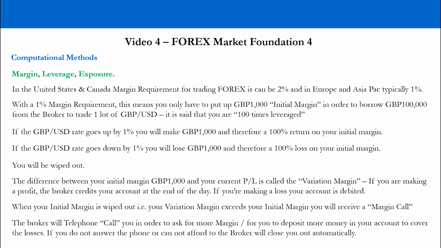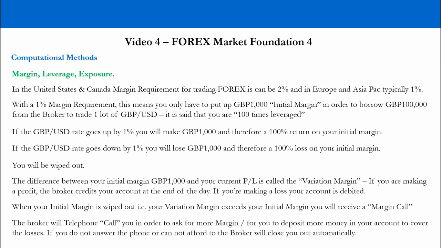When we look at margin, leverage and exposure across the globe, in the US and Canada, a margin requirement for trading Forex can be as low as 2%, but it varies massively across the States and Canada, dependent on the broker. I've seen margin requirements in Forex as high as 30% in the US and Canada, and as low as 2%.